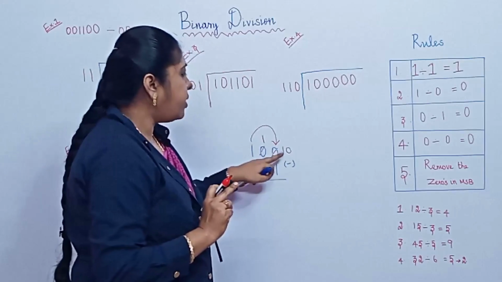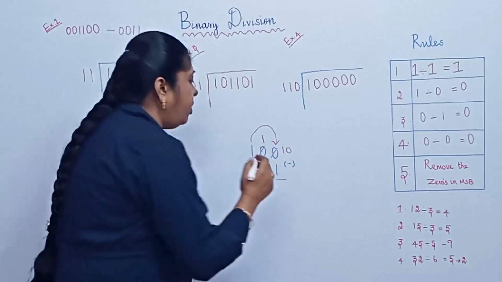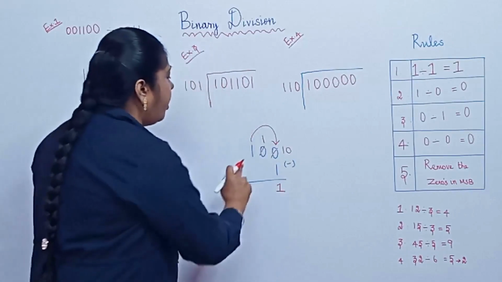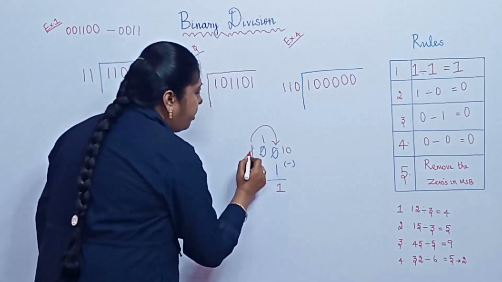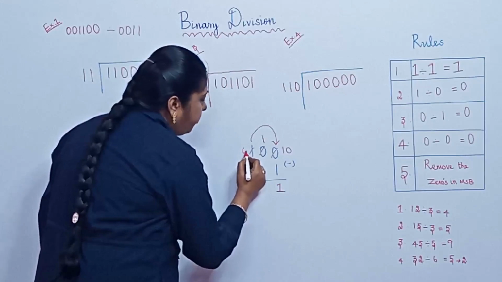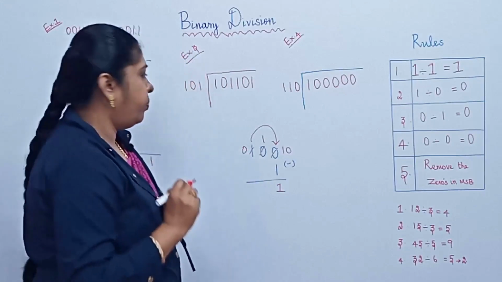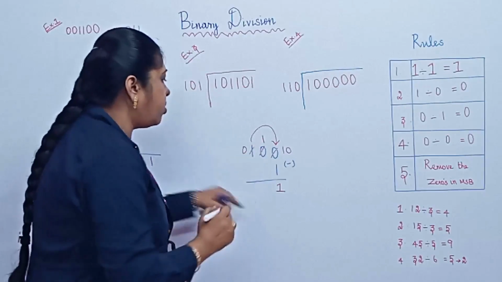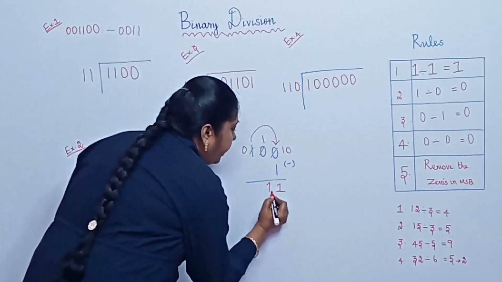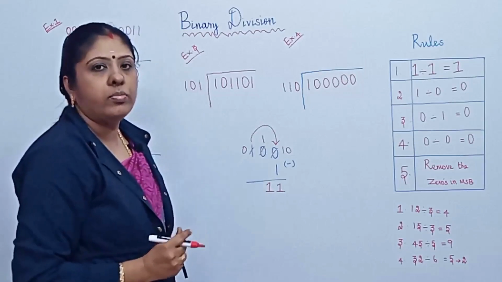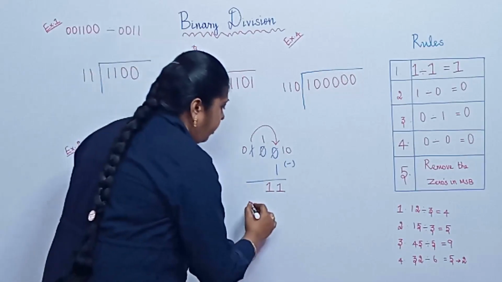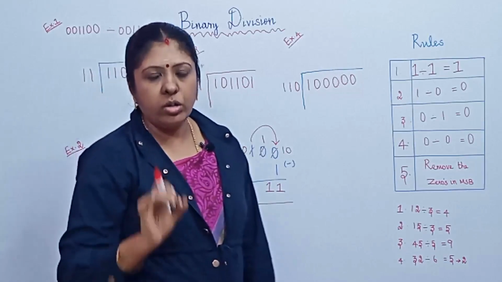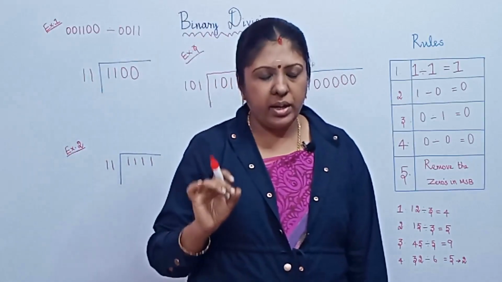So 10 minus 1, that is 2 minus 1, equals 1. Now the first number after borrowing turns to 0, and the middle 0, the passing 0, turns to 1. So now we get 011. This is the simple binary subtraction which you want to know before solving a binary division.